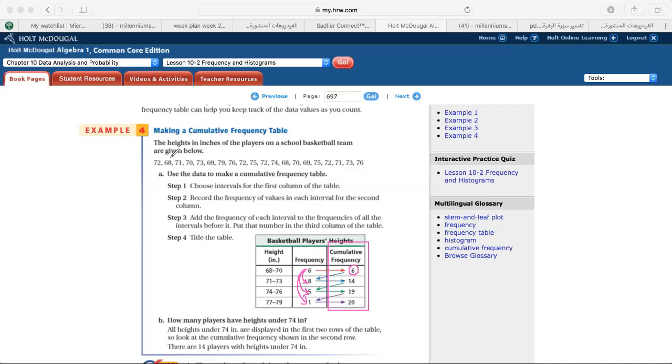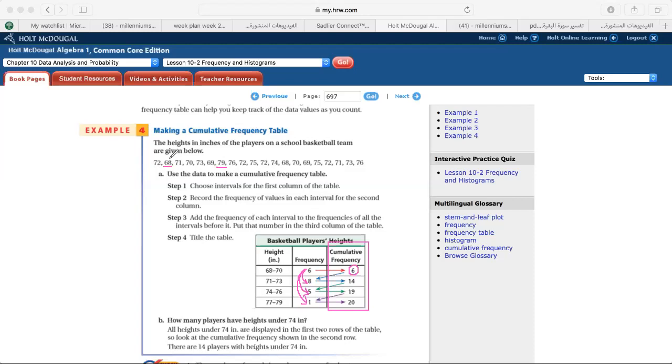The least one is 68 and the greatest one is 79, because the first step when we were doing the frequency table was to choose the least number and the greatest number. So when I choose an interval, I will choose an interval of 3.